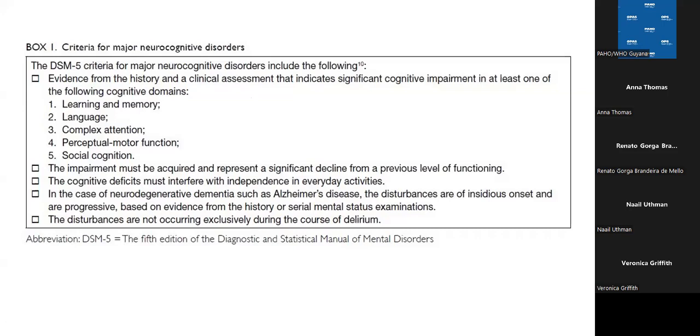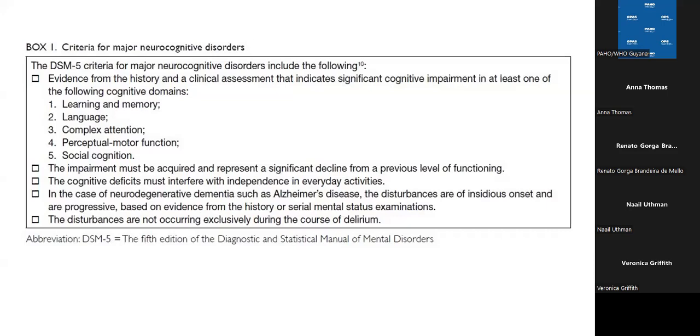And 5, social cognition. And the impairment must be acquired, not a lifelong cognitive impairment, and must represent a significant decline from a previous level of functioning.